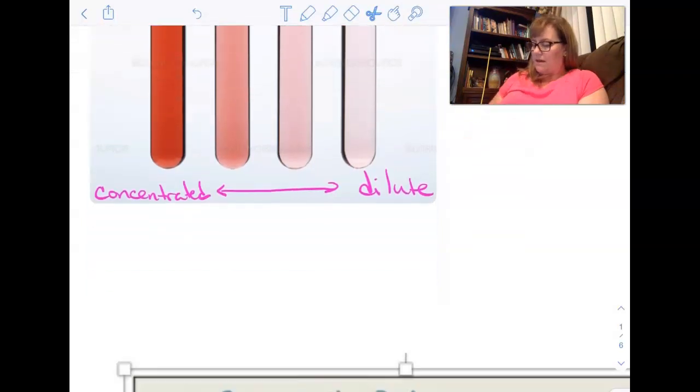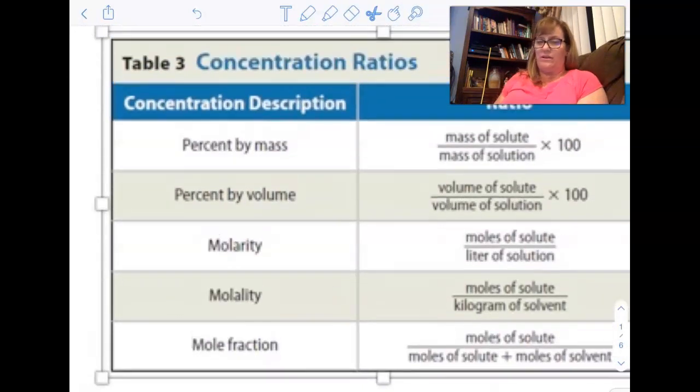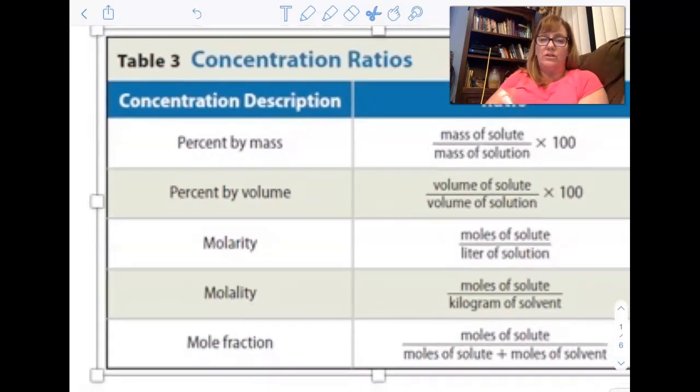So we have a number of different ways that we can describe how concentrated or how dilute a solution is. And this chart that I have here is in your textbook, and you can look at it there. We're going to be looking at the first 4 of these ways to describe concentration of a solution.